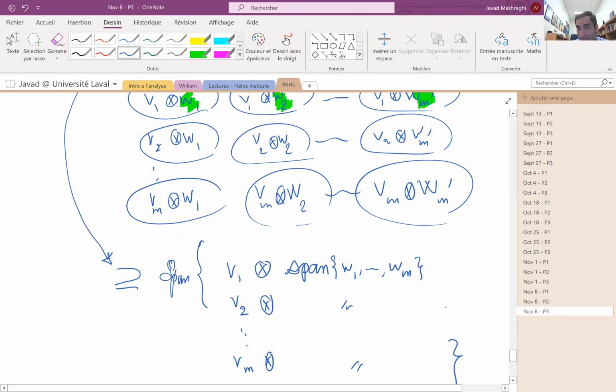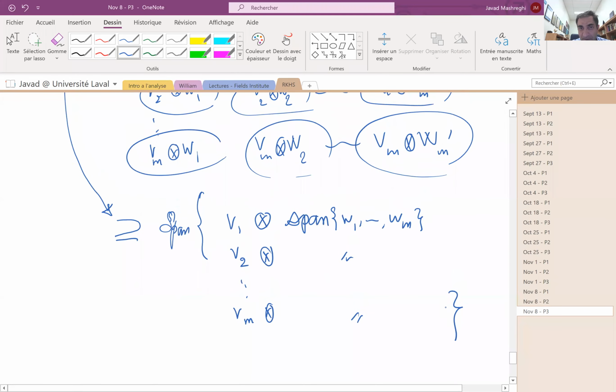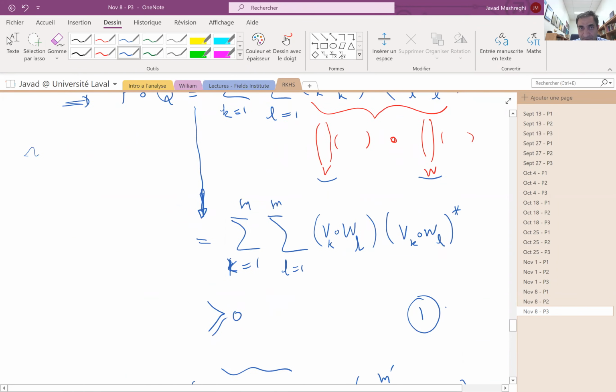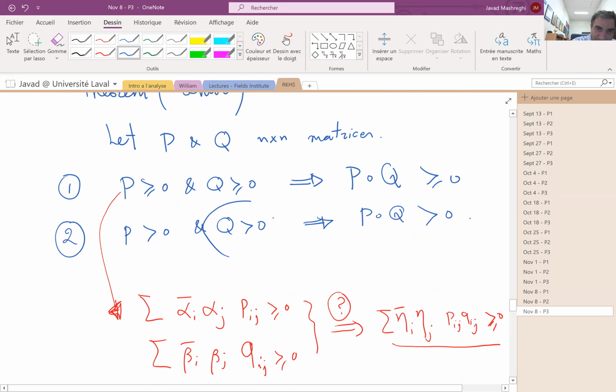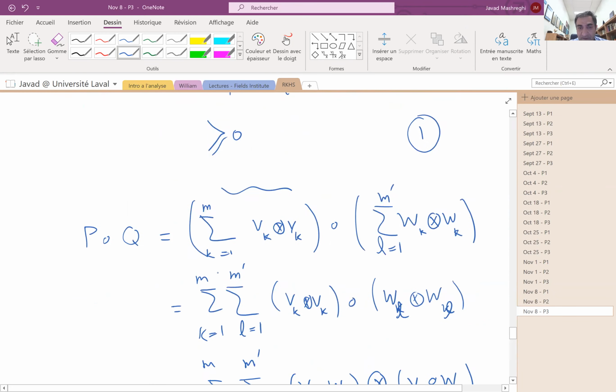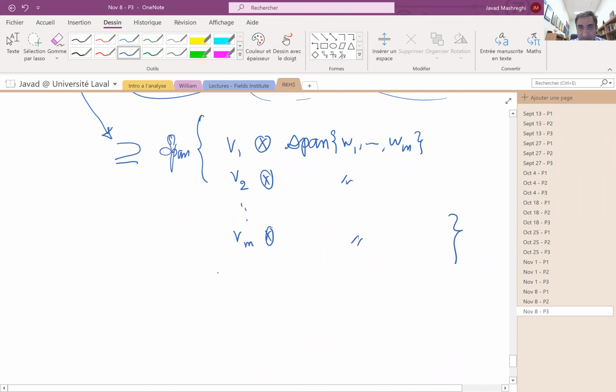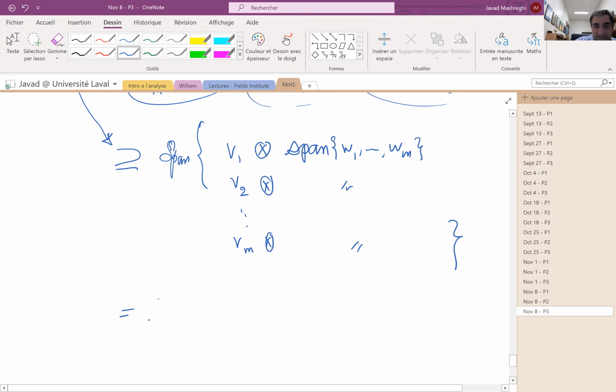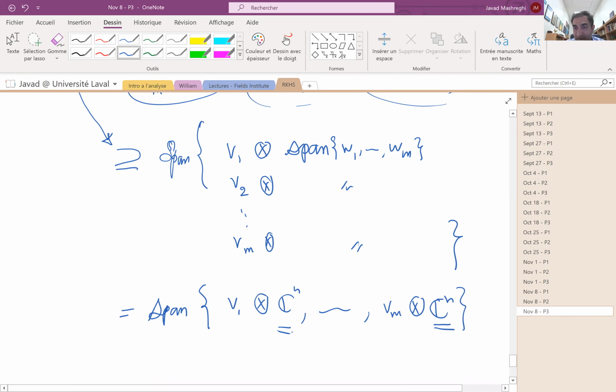Everybody agrees up to here. And now I use this assumption. Q strictly positive. Q strictly positive means that the span is equal to C^n, so it's a span of v1 tensor C^n. You understand what tensor C^n means? Means any vector in C^n, up to v_m tensor C^n. Anything I want, I can create here because Q is positive.